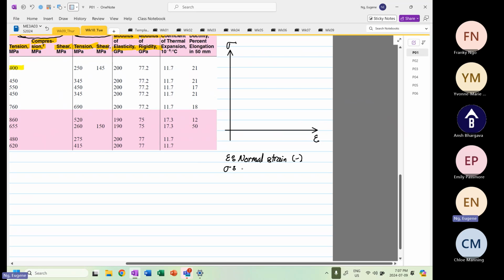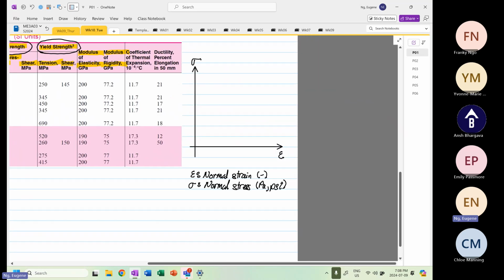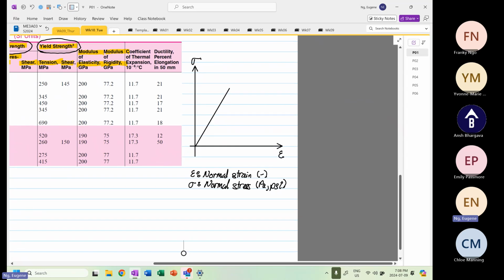On the other axis we have stress, our normal stress, which can be in Pascal or PSI. In a typical stress-strain curve, we initially have a linear relationship, and once it passes the linear relationship, the curve goes like this, and then we have fracture.